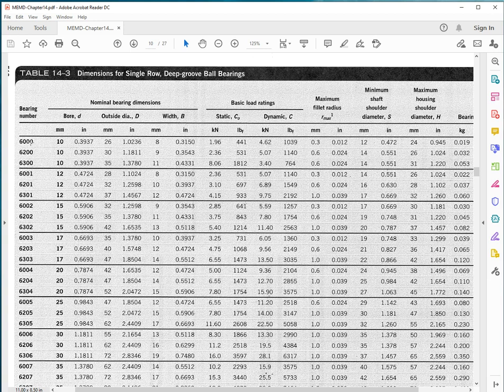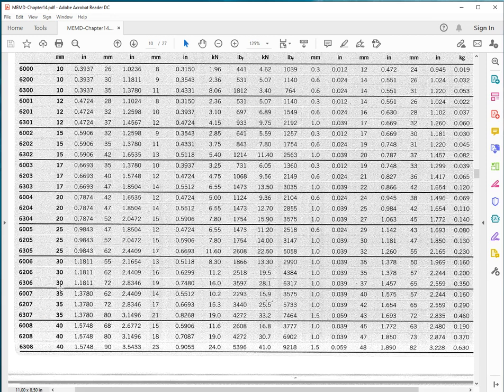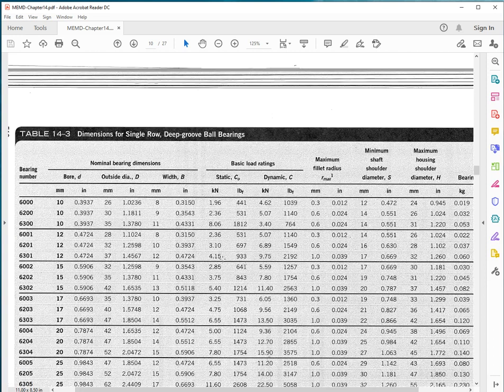So between 6000 and 6300 series, you'd expect the third one, 6300, to have a higher load carrying capacity, just because of the size. It's increased. Rolling elements are bigger. Okay, and likewise, as you move down the table, you can see for the same bore size, multiple series.